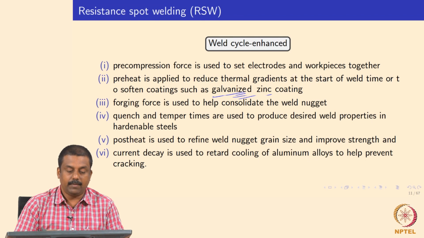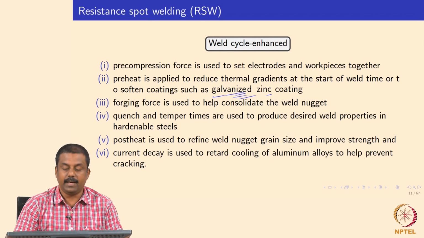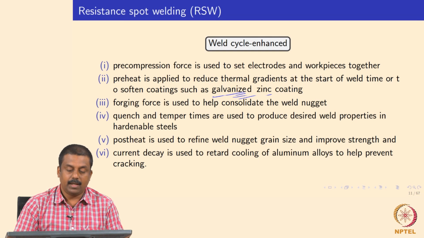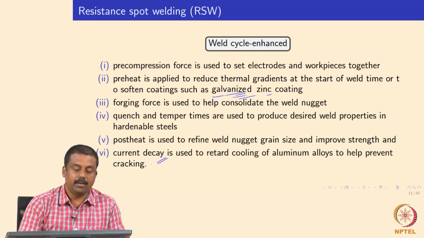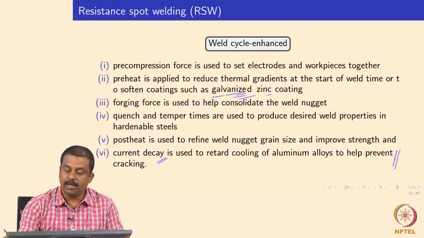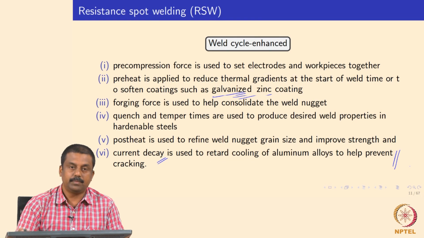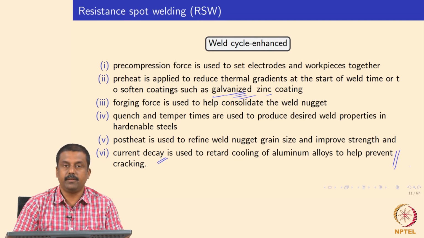Post pulsing can also be used to change the weld nugget grain size and improve the strength and toughness. There is also current decay, a downward slope, which is used to retard the cooling of aluminum alloys during solidification, changing the cooling rate so that we can avoid cracking. Generally, aluminum alloys are not considered for resistance spot welding because of the inherent problems associated with aluminum alloys.